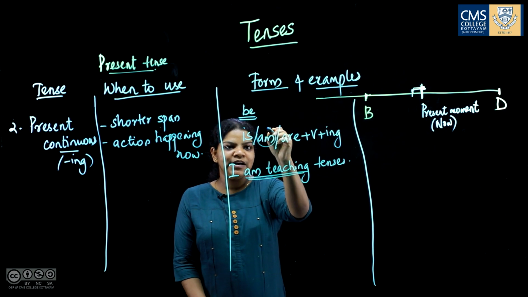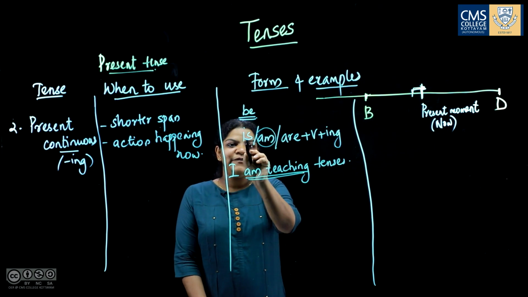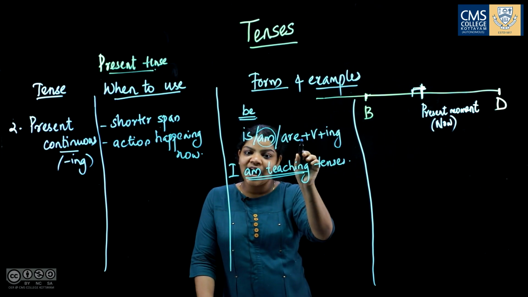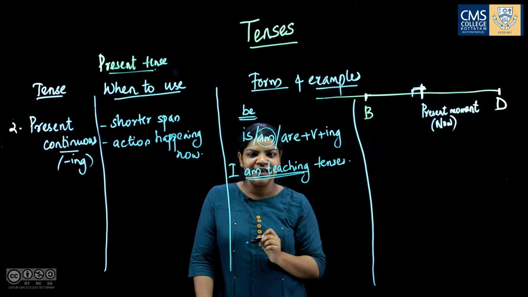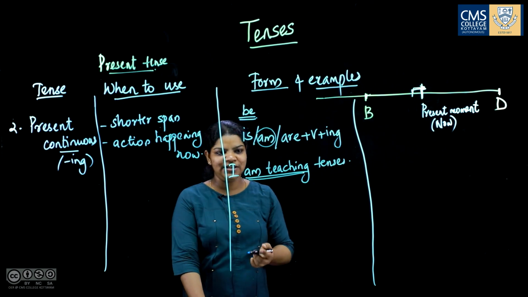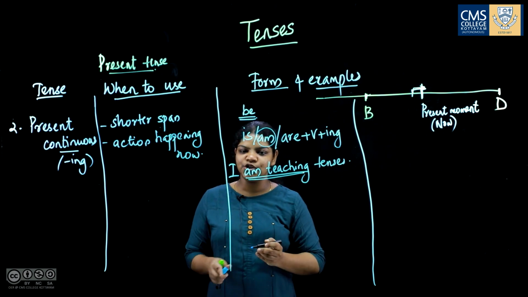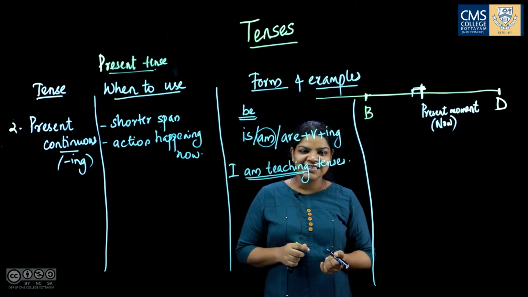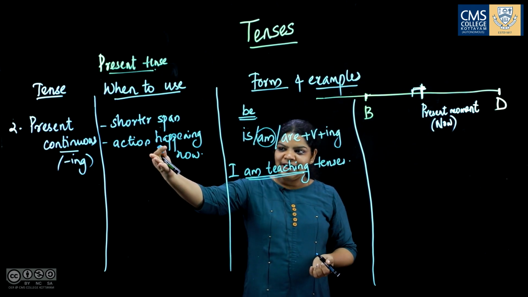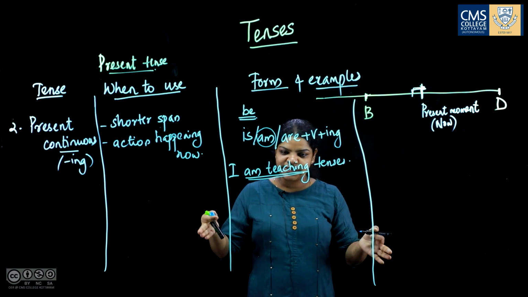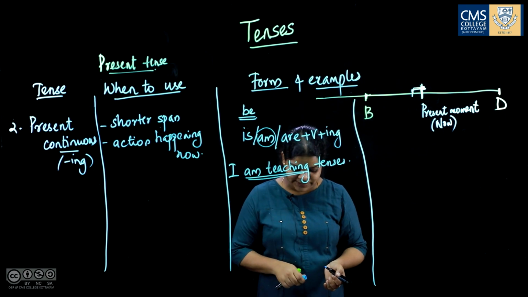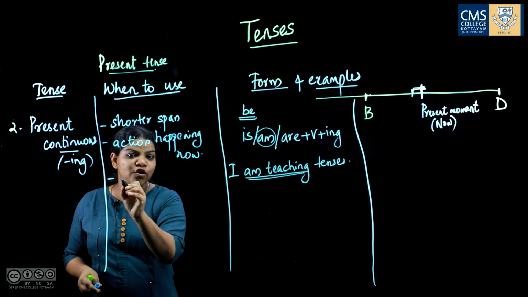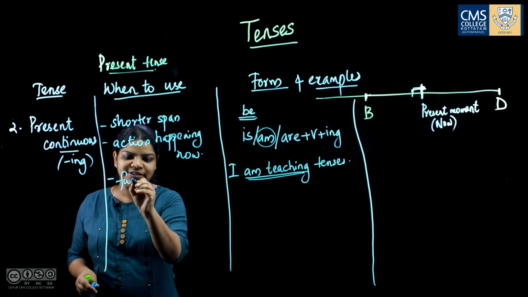We used am because the subject is I. We will use is if the subject is singular. We will use are if the subject is plural. And the verb plus ing. The verb is teach plus the ing form. So that is one instance when we use the present continuous tense. When the action is happening now, it's a shorter spanned action. Second one, we can use present continuous tense if we want to refer to a future action.